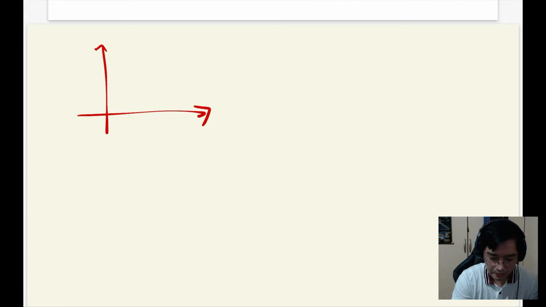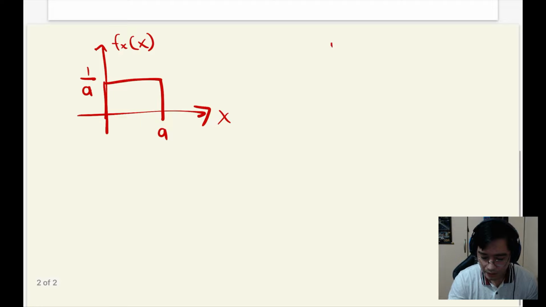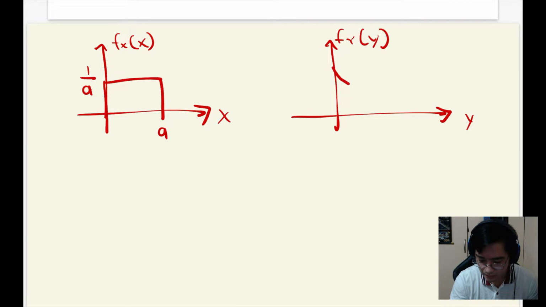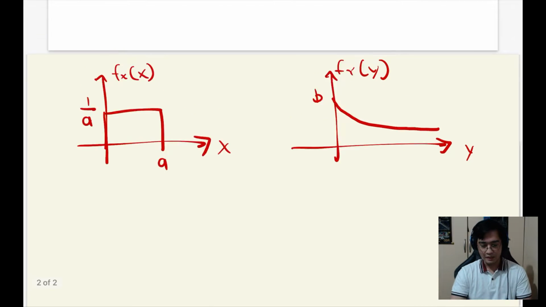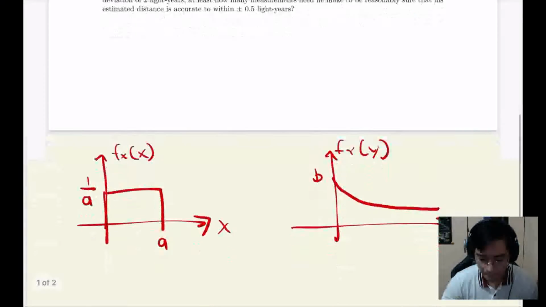This is the probability distribution function of x. From 0 to a, the height is 1 over a, and the probability distribution function of y is an exponential function. The height is b, because it is b e to the negative b times y.